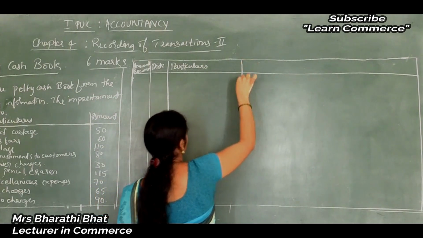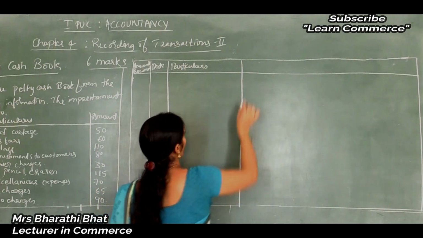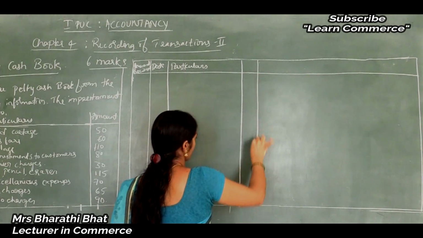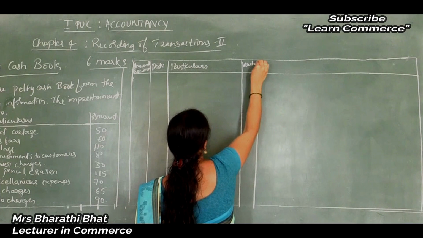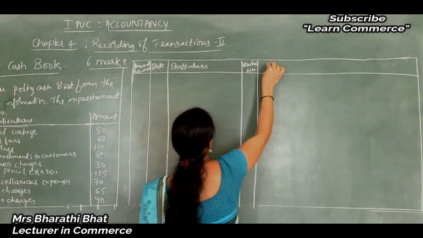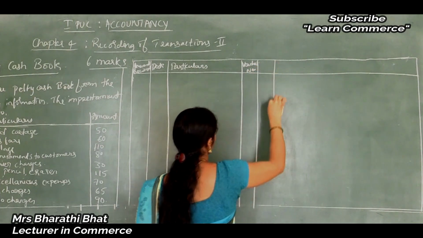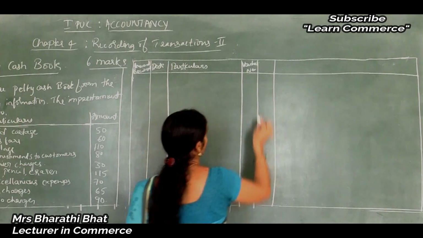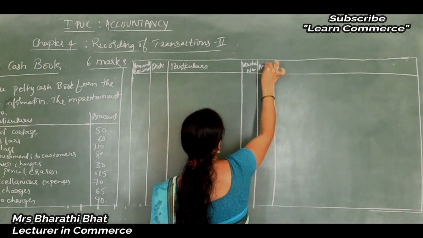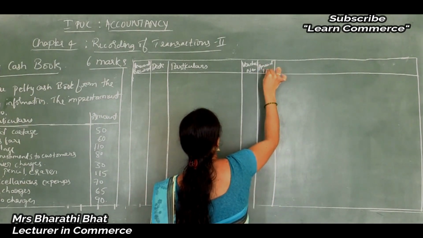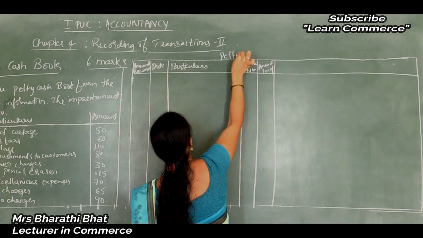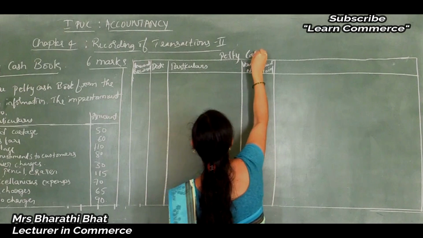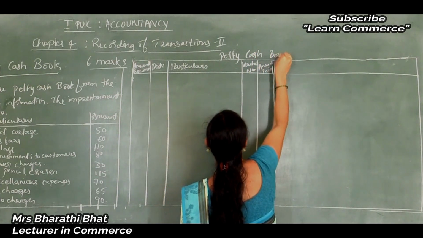And the next column, voucher number, and next one for amount paid. And heading, don't forget to write petty cash book.